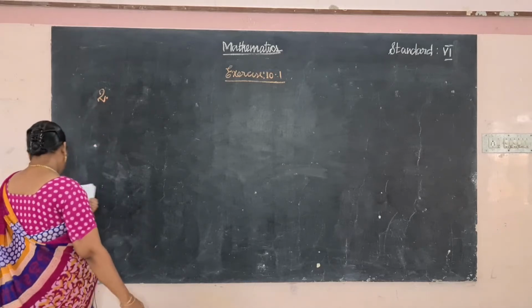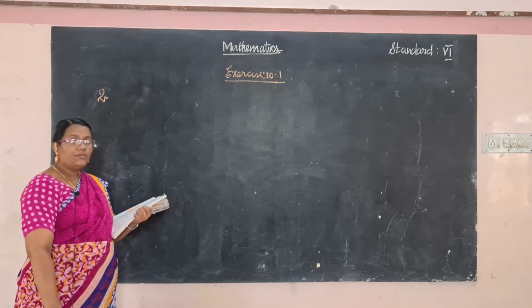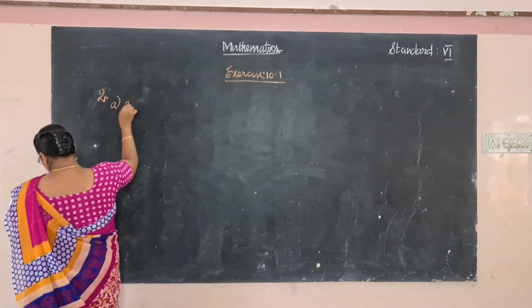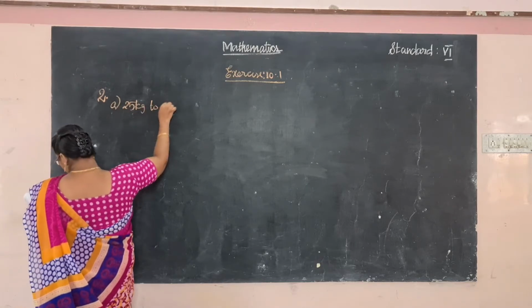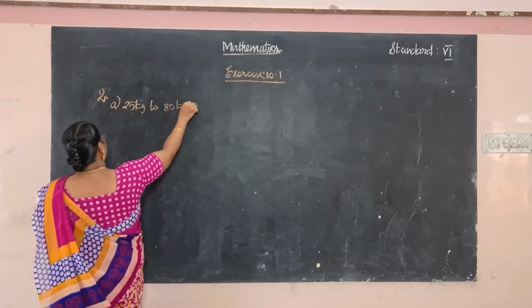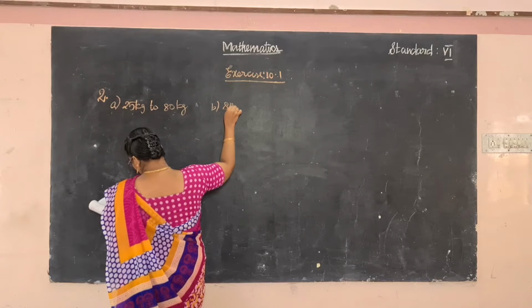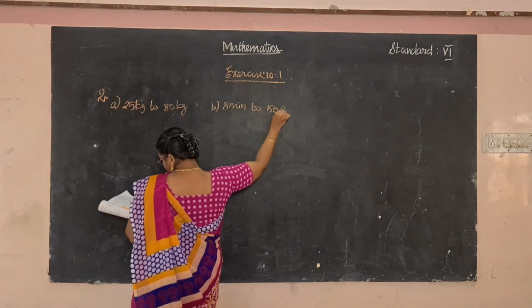Second one, write the following as ratios in their simplest form. The first one, 25 kg to 80 kg, and the second one, 8 minutes to 50 seconds.